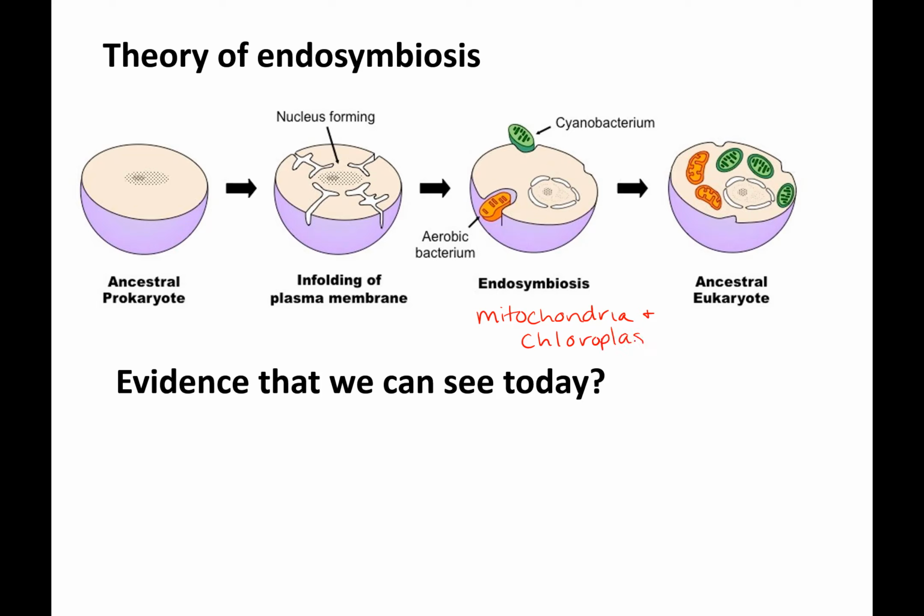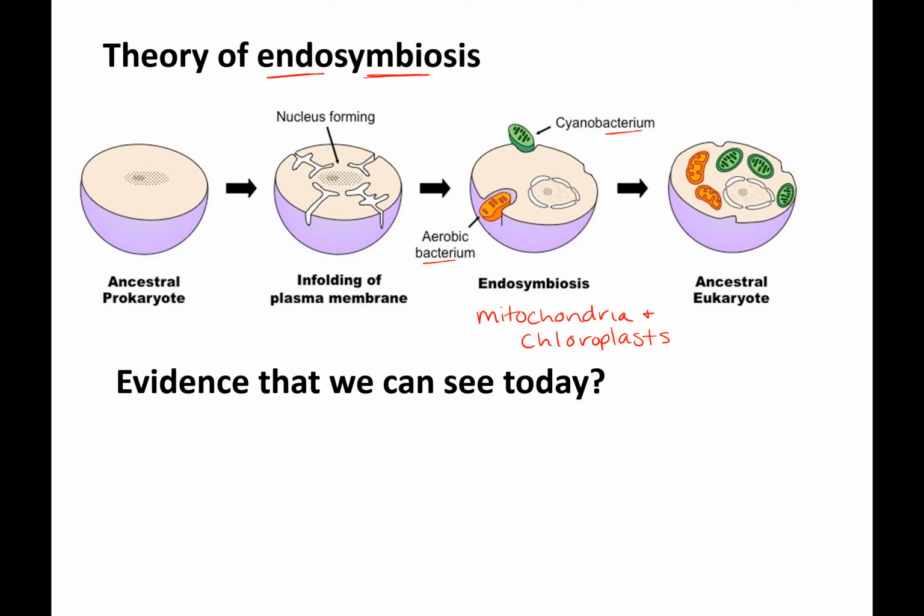That they were once free-living prokaryotes, so bacteria, and that they were engulfed into a larger cell, and instead of being destroyed by, say, the lysosome, they coexisted. So they have endosymbiosis, working together.